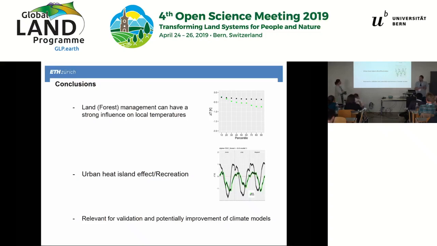Yeah, I think in the urban environment, the impact on humans is very obvious, and if we have forests somewhere else, then it's maybe not so much about humans, but rather about the ecological influences, I guess.